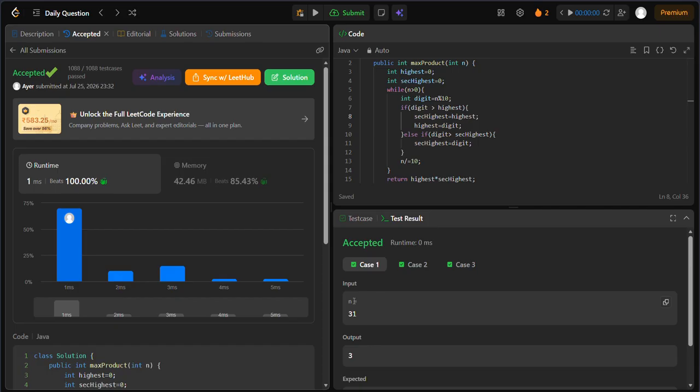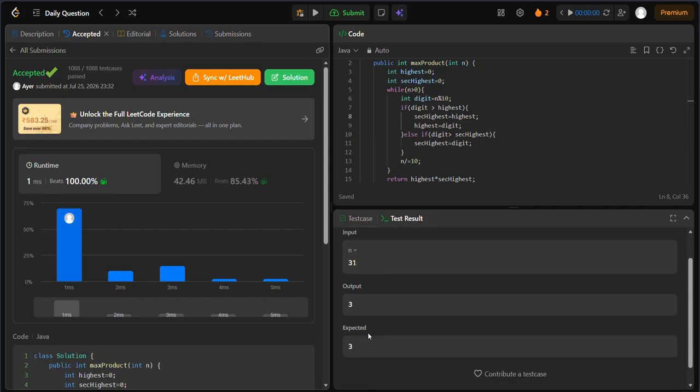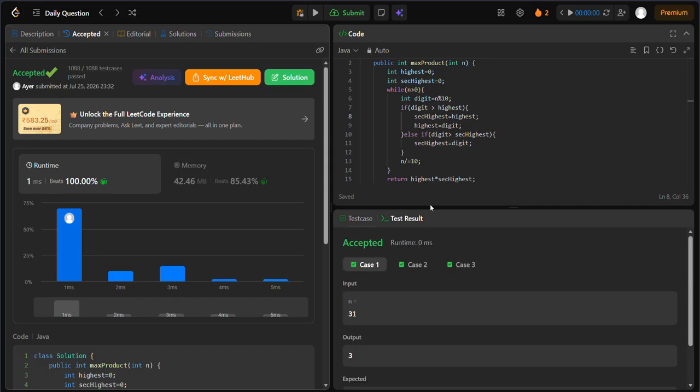Explaining why we got 0 for this case: first of all, we had 1 in the first place of digits. So it compared 1 is greater than highest, which is 0, which is true. Our highest had 1. Next iteration, we have 3 as our digit.